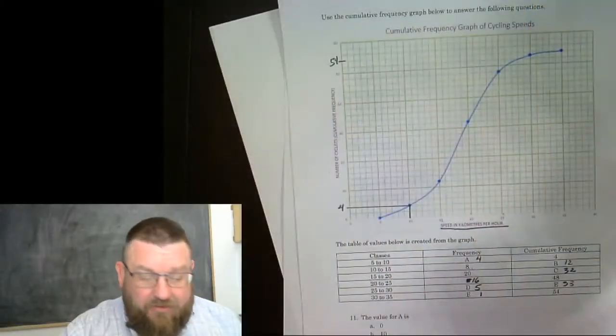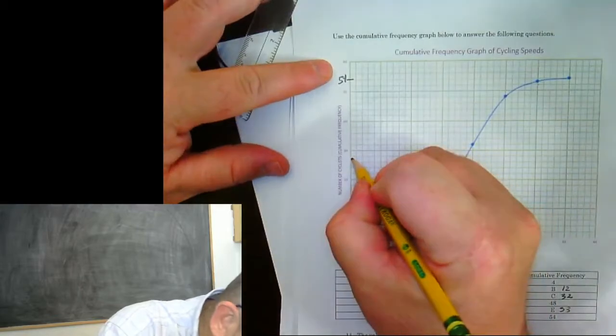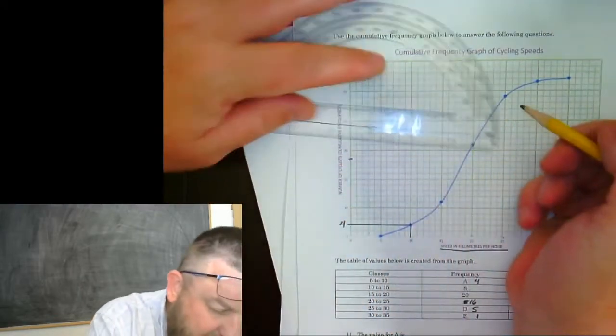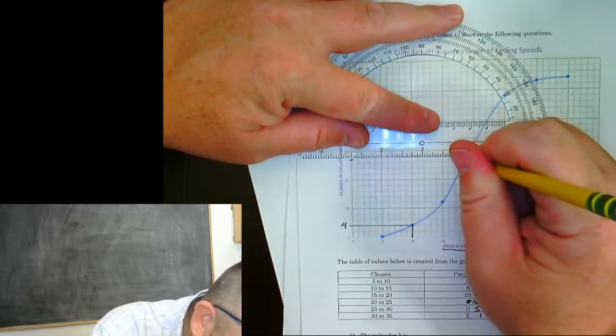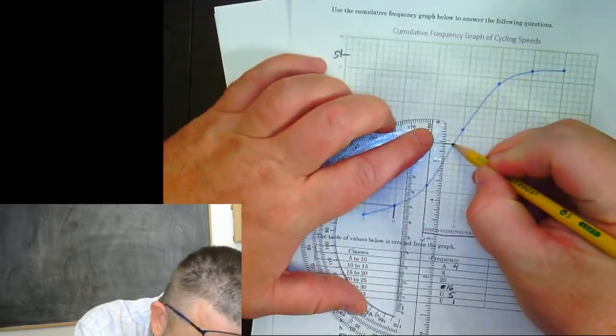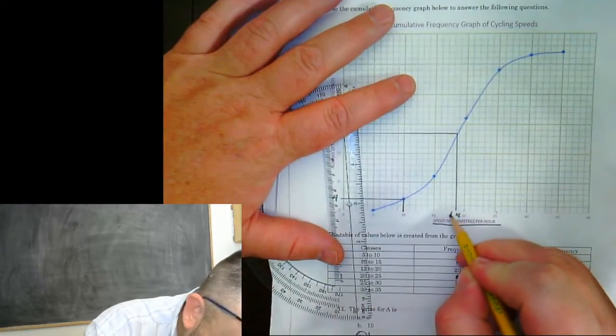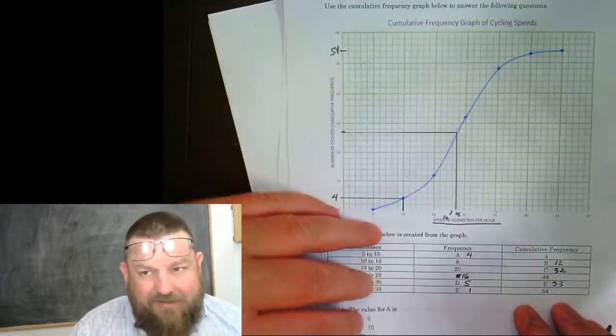We have to figure out the 27th frequency first, because that's half of 54. So 27 looks like it's going to be right there in the middle. Let's go ahead and draw our line across, being nice and neat. There's 27. It looks like it's going to be between, see, this is 18 there, and that's 16 there. So it's going to be about 17.